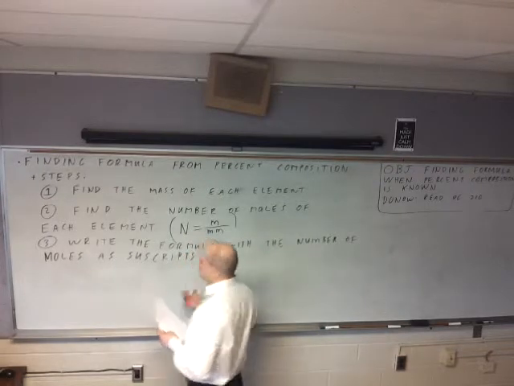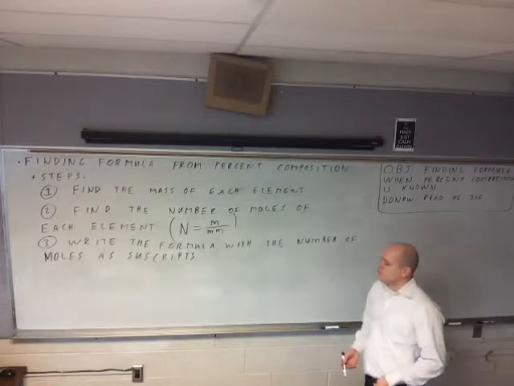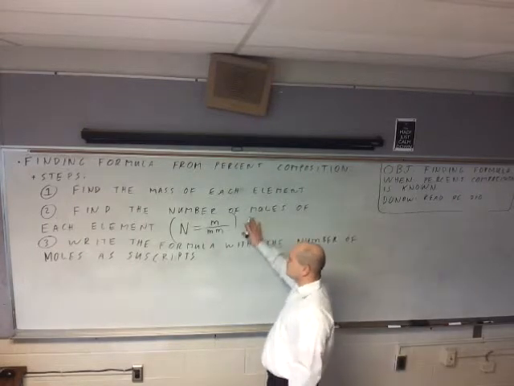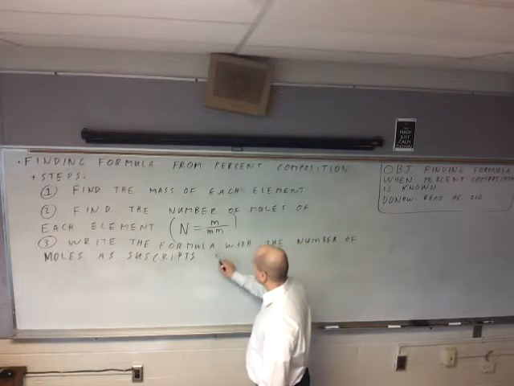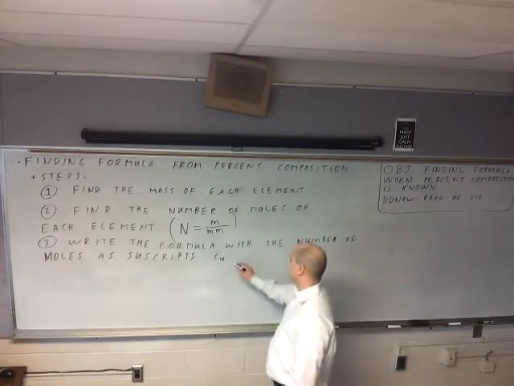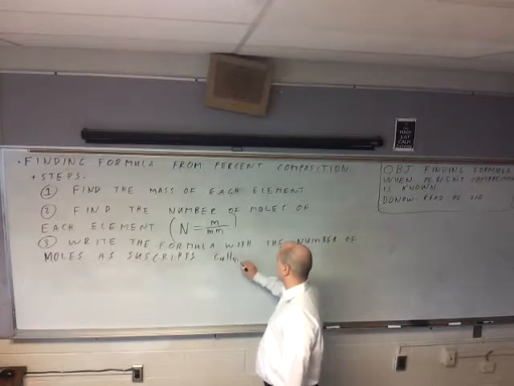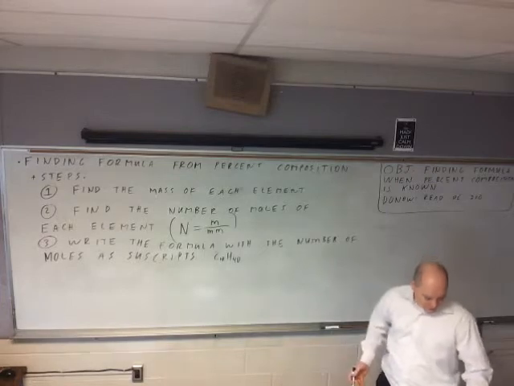So whatever numbers you calculated in number 2, you're going to pretend that those are the little numbers in the formula. So let's say I did number 2, and I said, okay, I got 10 moles of carbon, then I'll write C10. And let's say I got 40 moles of hydrogen, I'll write H40. And for now, that'll be my formula until I simplify it. So that's what you're doing.